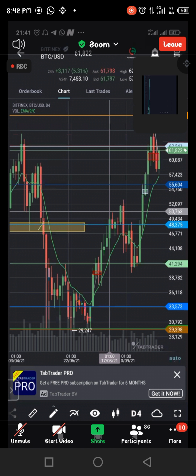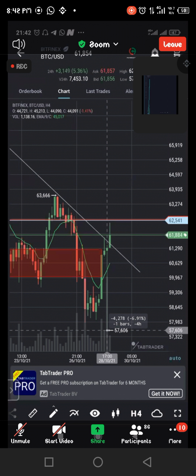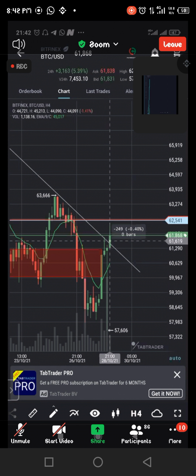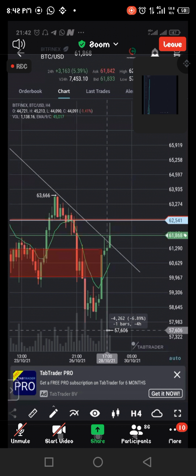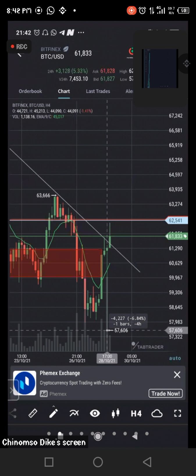That's why it's casting a shadow. But if this thing remained here for some time, it may close below here and form the 4 hour candle, and the whole thing will be red. So that's how it is. Those are the two major candles.